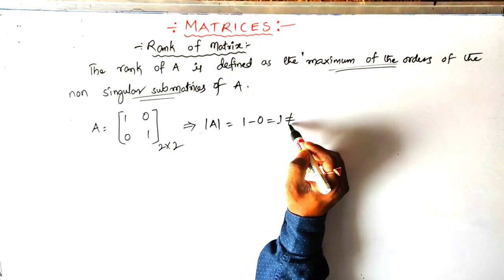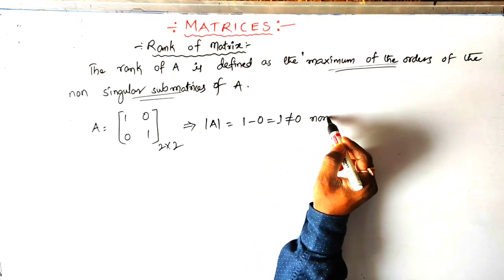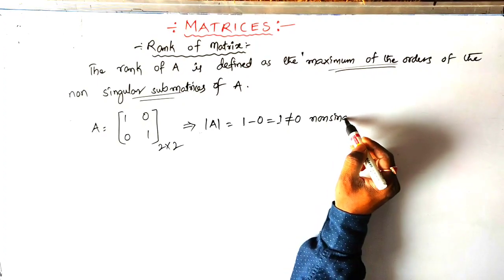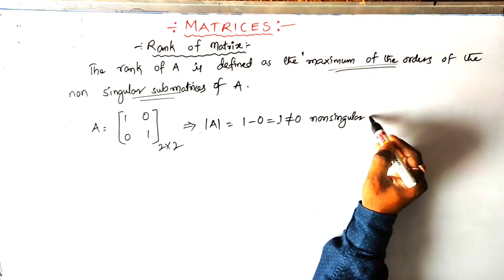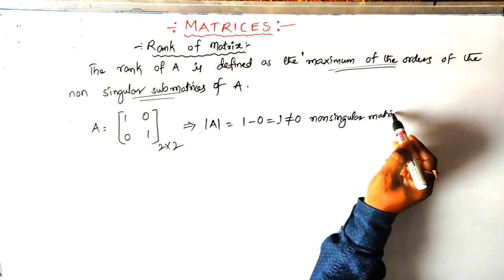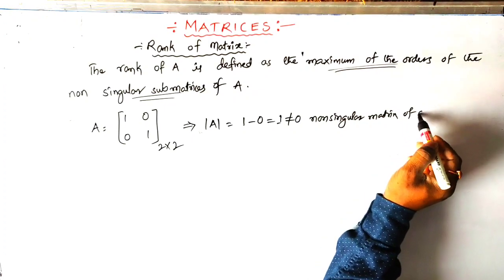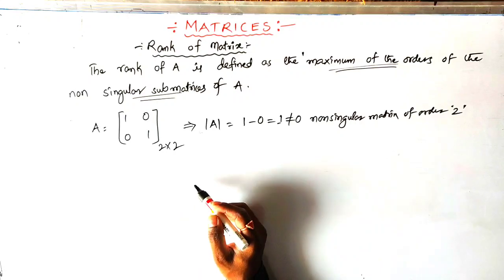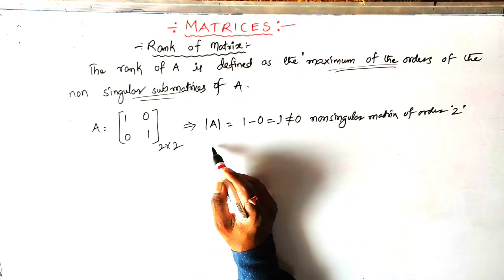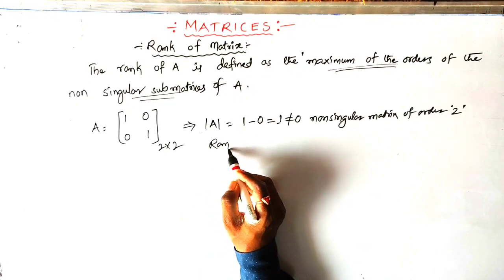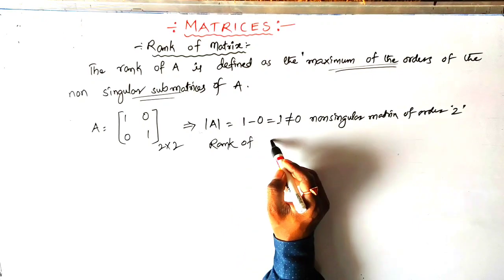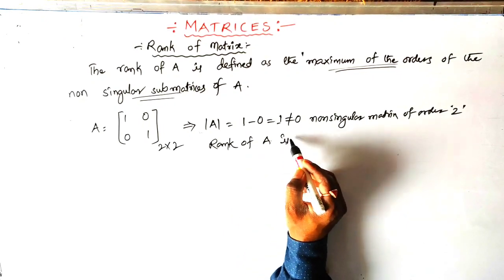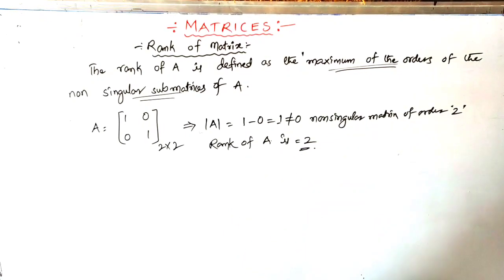So this is not equal to 0. So this is a non-singular matrix of order 2, the maximum order. So the rank of A is equal to 2.